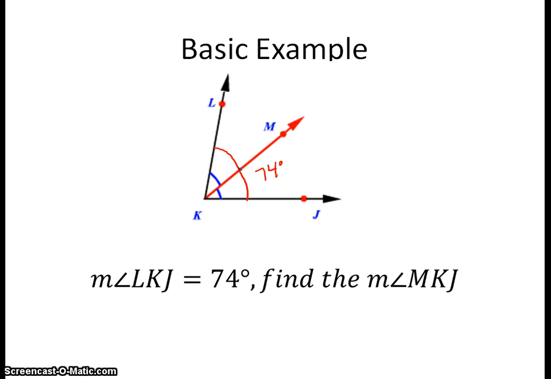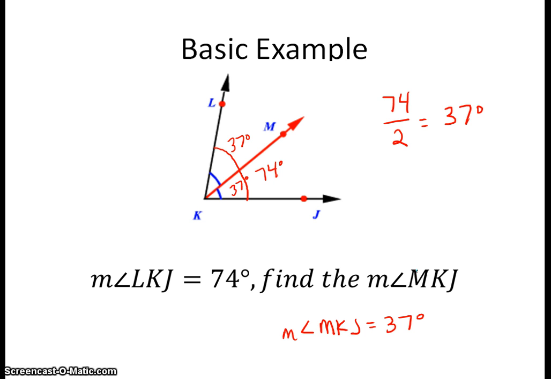If I take 74 and divide it into two equal pieces, I get 37 degrees. This piece has to be 37 degrees, and this piece has to be 37 degrees to make the whole thing 74. So the measure of angle MKJ is equal to 37 degrees.